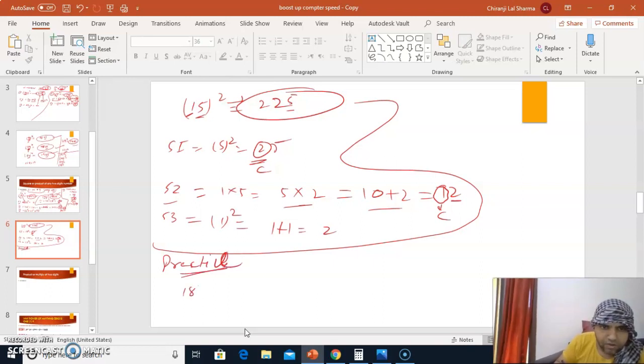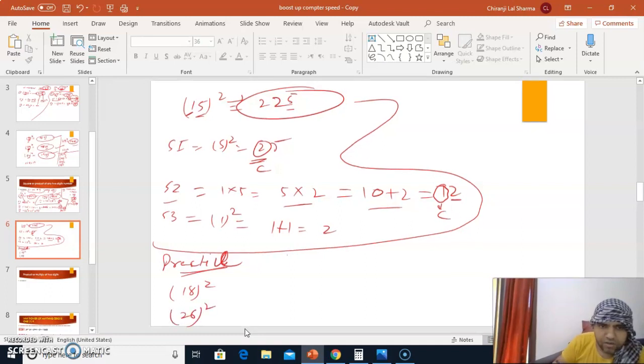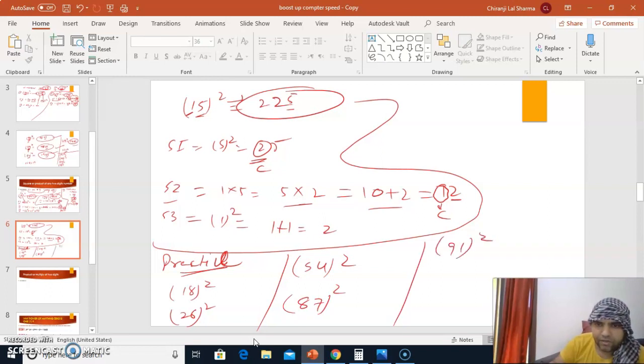Suppose you have to do the square of 18, square of 26, square of 54, square of 87, square of 91. Do the practice on these and write back your answers in the comments.